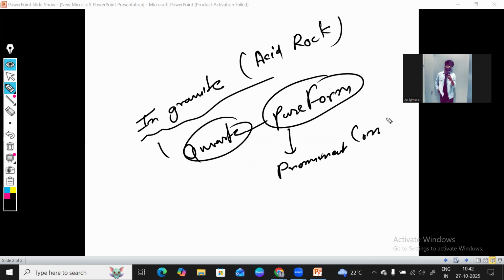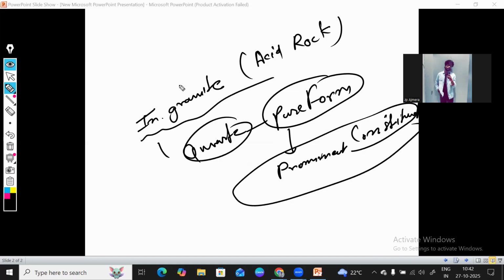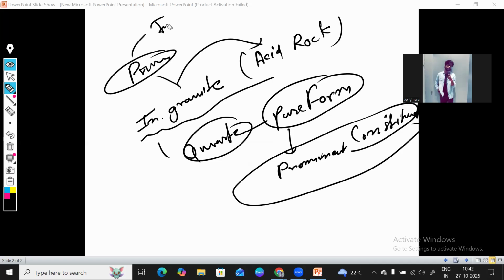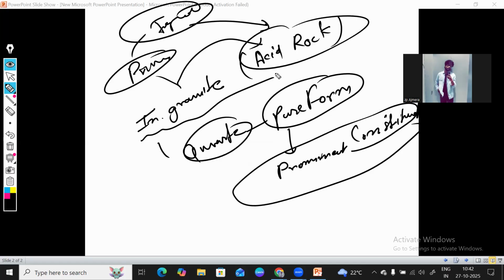What is meant by that? Granite is a primary rock type, known as an igneous rock, and it is a type of acid rock in which quartz is present in a pure form, predominantly. Prominent means mukhya in Hindi. Constituent is the important word. It's clear, I hope.